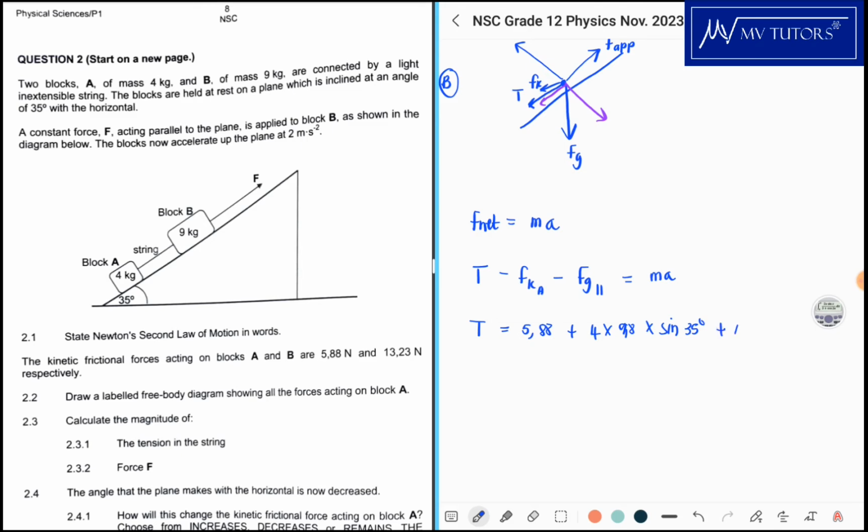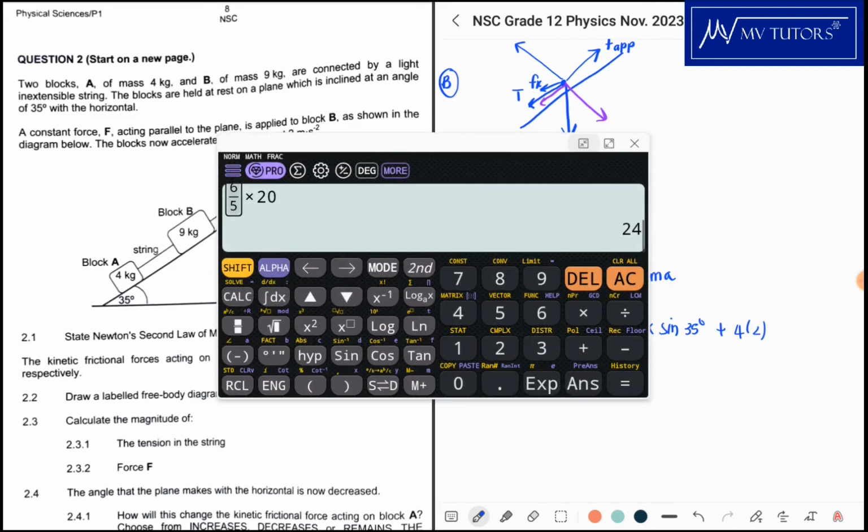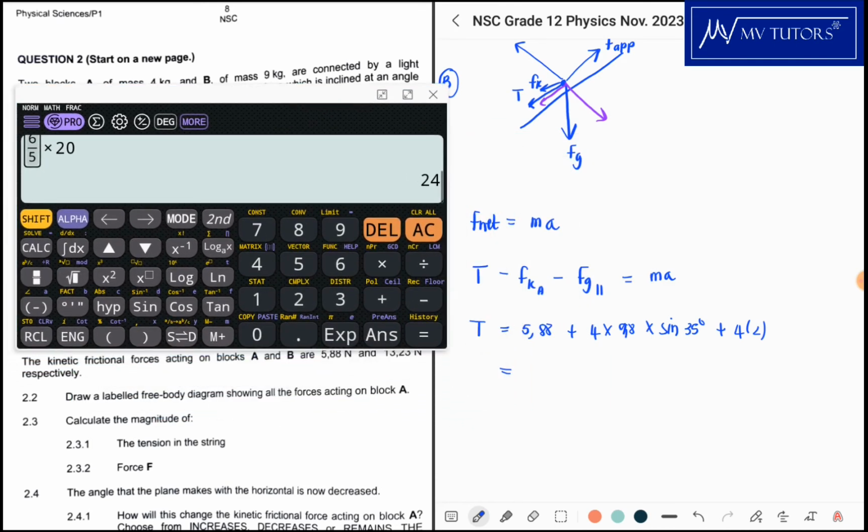So our mass again is 4, and how much is our acceleration? They told us that it is 2, so that's just 4 times 2. Okay, so we can put all of this in the calculator. So we have 5,88 plus 4 times 9,8 times sine 35 plus 4 times 2, which is just 8. Ooh, no, what have I been doing?